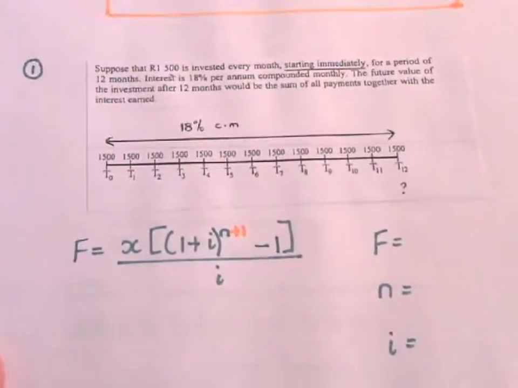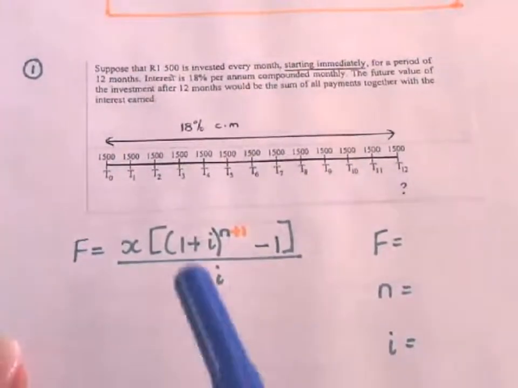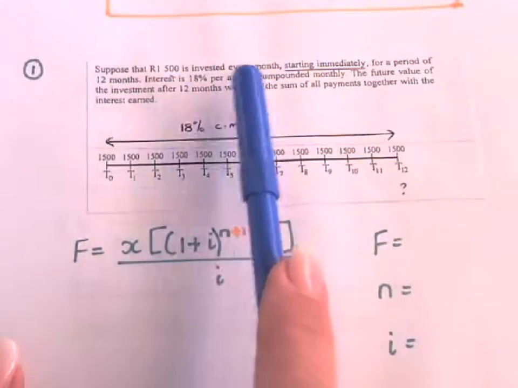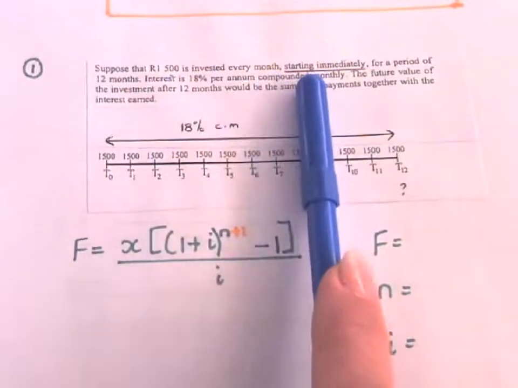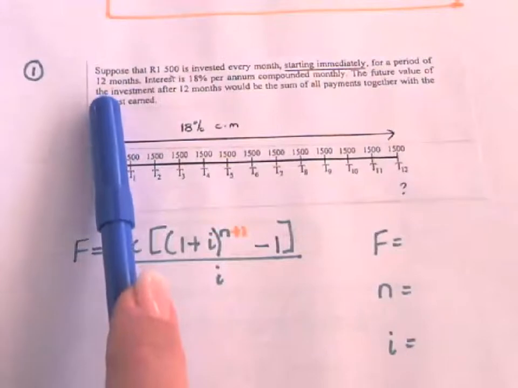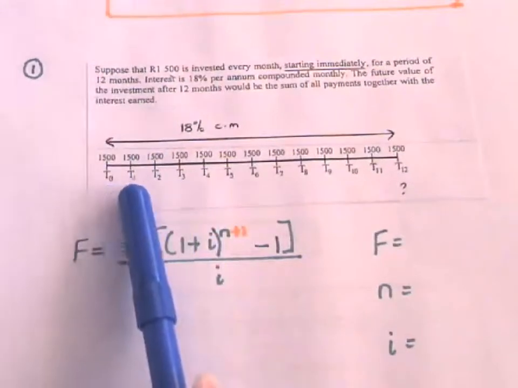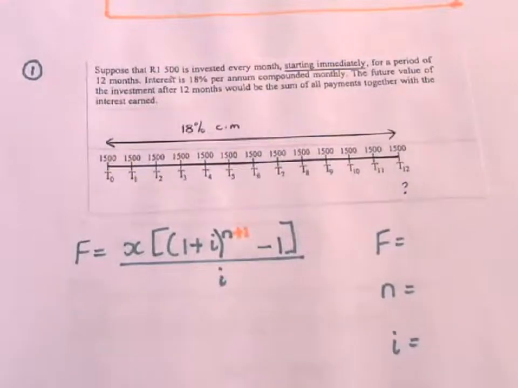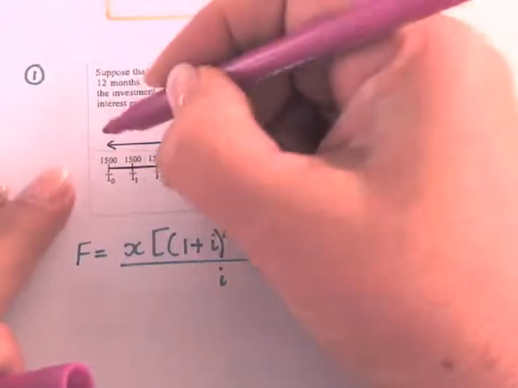The first one is, suppose that 1,500 Rand is invested every month, starting immediately, so look out for those keywords, for a period of 12 months. So we are going to invest for 12 months, but we have a starting immediately.